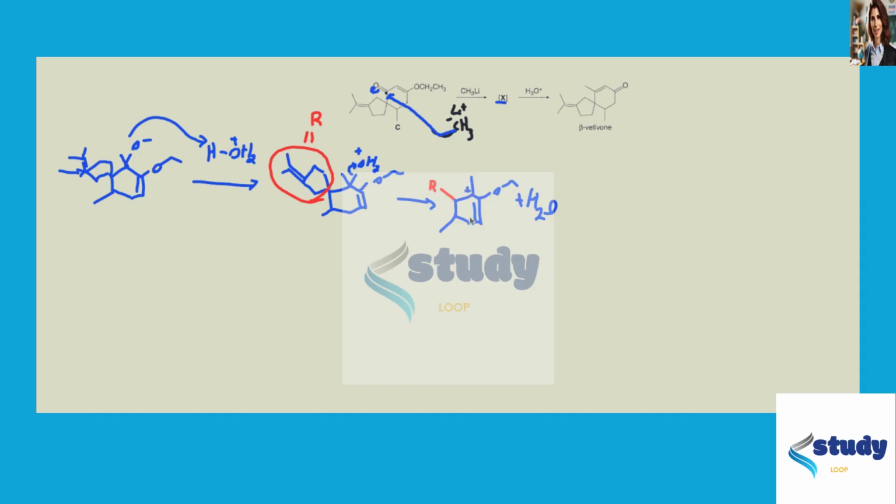So this carbocation can actually be stabilized by resonance by moving this pi bond around. This ethoxide group is actually on the other side of the double bond, so I'm just going to draw that on the other side of the double bond.